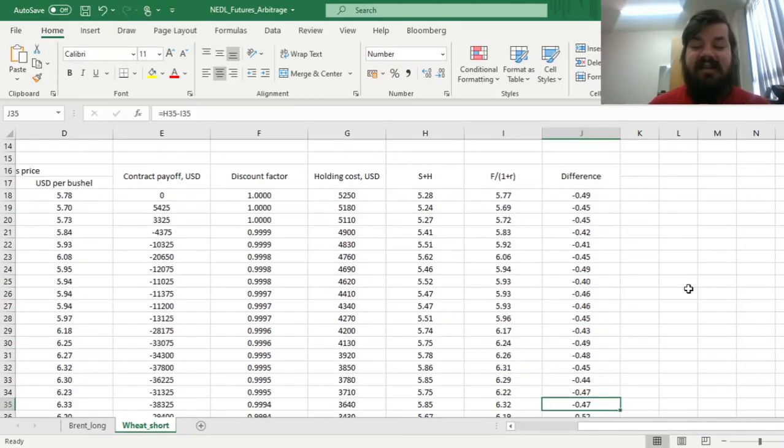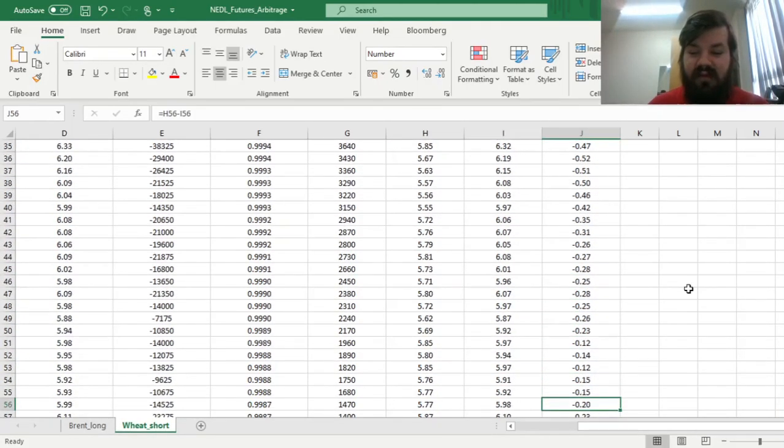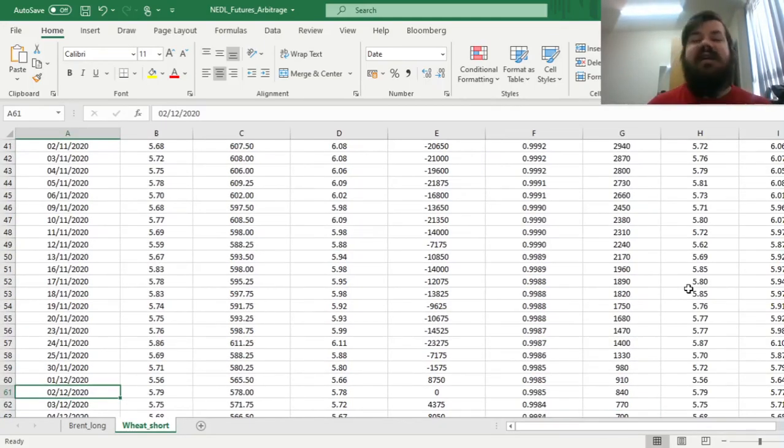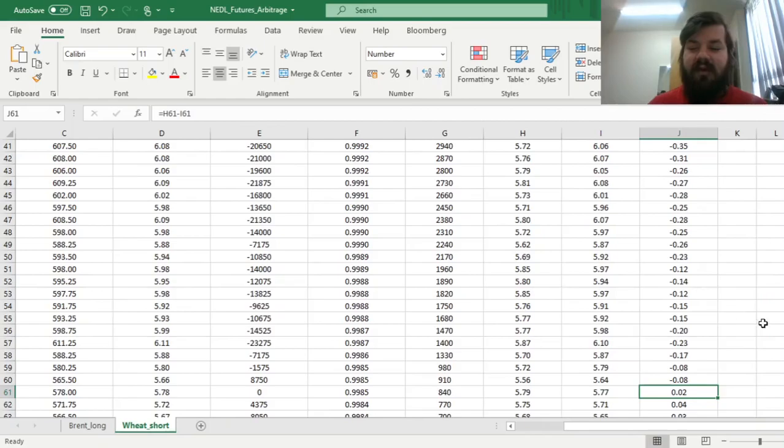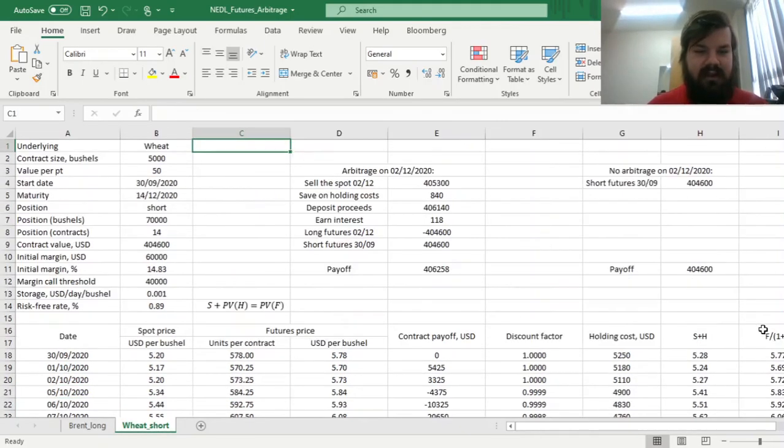But as the situation evolves, we can see that here on the 2nd of December 2020, we have got our first case when the difference flips, when the spot price becomes overvalued with regards to the futures price, when holding costs and time value of money considerations are accounted for. And that means that on the 2nd of December 2020, we can start arbitraging.